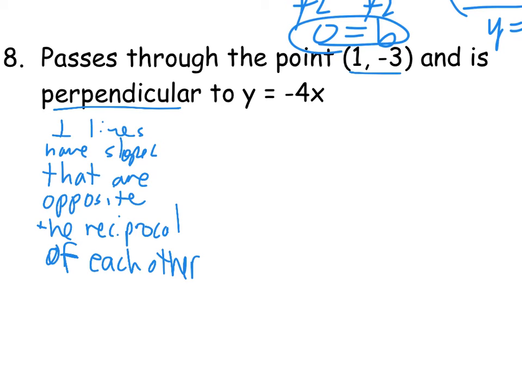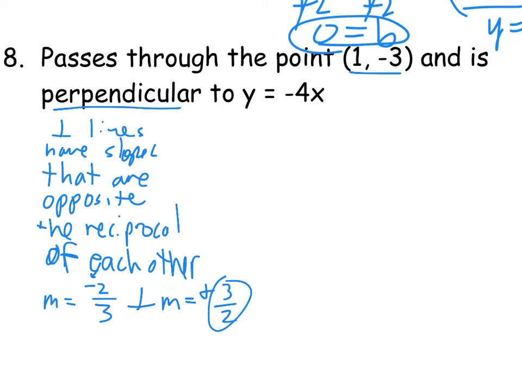Okay, so if one slope was, we'll say, -2/3, a line perpendicular to it would have a slope of, well, this one's going to be positive if this one's negative, and then flip it. Instead of 2/3, it'd be 3/2.